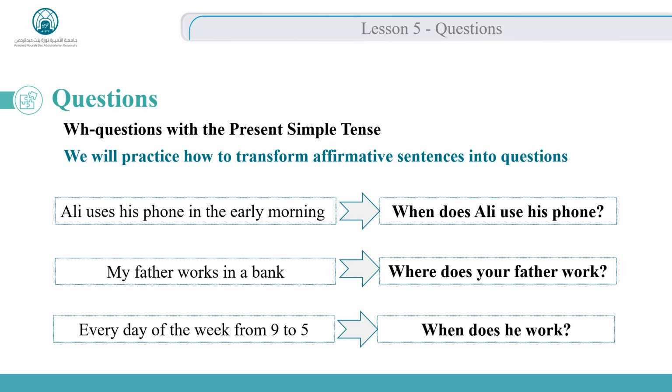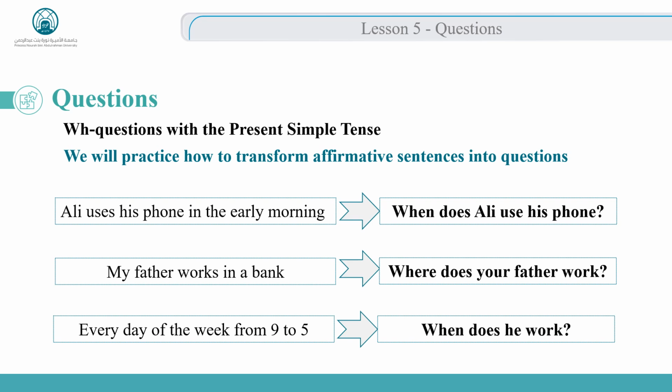We start with when, and then the auxiliary does, and then the subject Ali, and of course we chose the auxiliary does instead of do because Ali is singular. And then the main verb in the original form, and we complete the sentence. So, when does Ali use his phone?